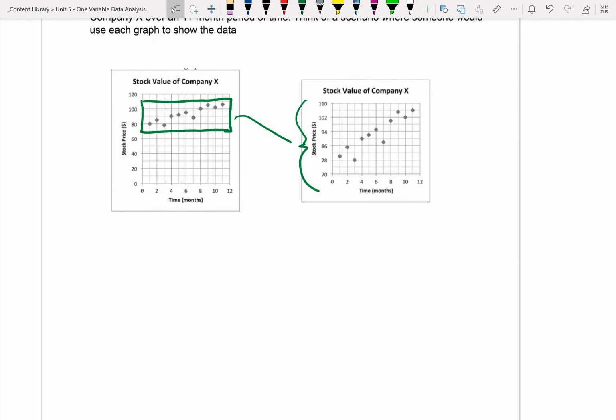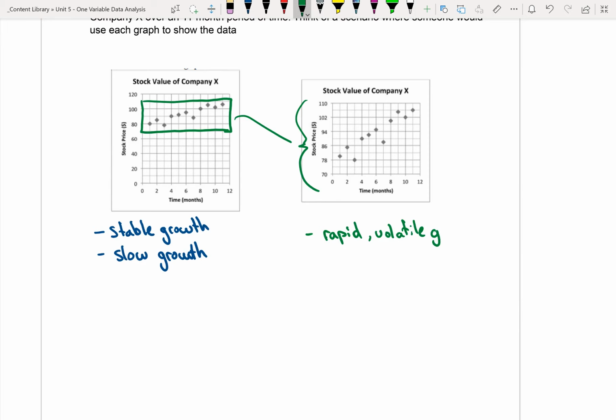If I look at the first graph, the conclusion I could get out of this is that this graph shows stable, slow growth, because it doesn't seem to be growing that much, while the second one shows rapid or volatile growth, because it's fast over a period of time, but it's also up and down.